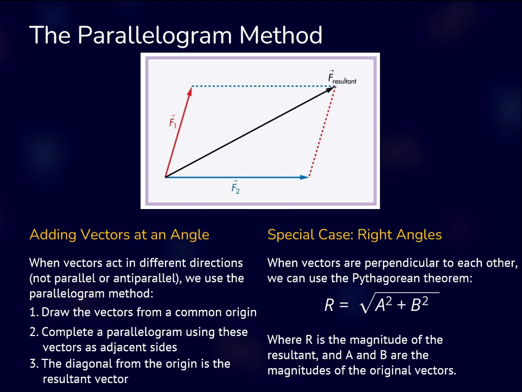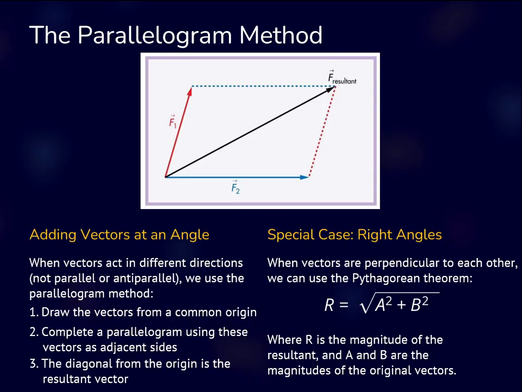Now, when vectors are at an angle, we use the parallelogram method. So imagine two runners pushing a sled at different angles, not straight ahead or directly against each other. From a common origin, draw the two vectors as adjacent sides. Then complete the parallelogram.